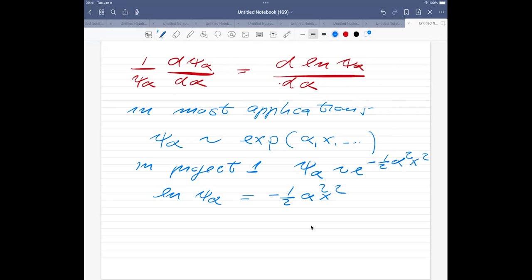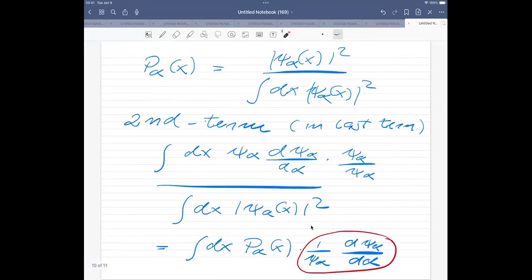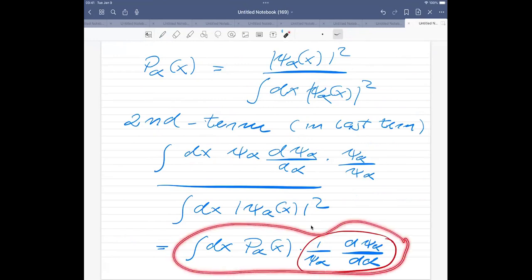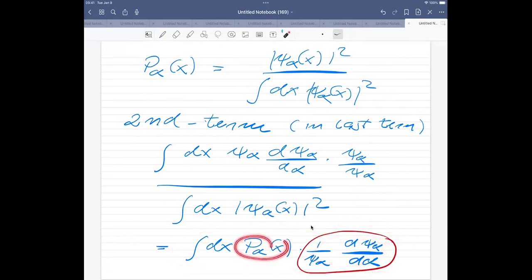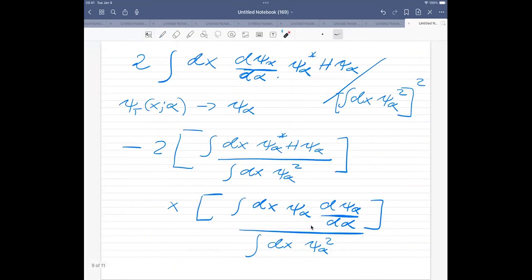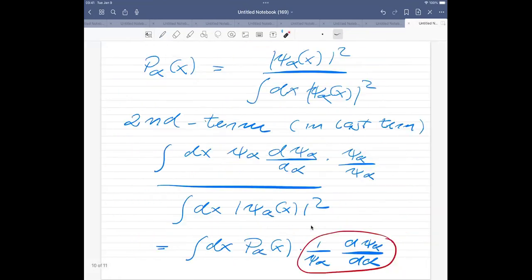So if you look at that second term which we had, you see now that this is nothing but an expectation value, because we have a probability times a variable. So we can rewrite this as an expectation value. We know that if we go back, this is the expectation value of the energy, which we can now rewrite in terms of another expectation value.